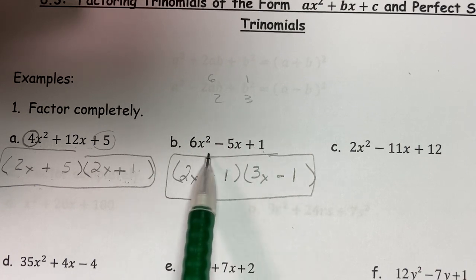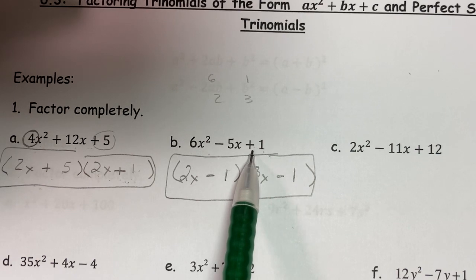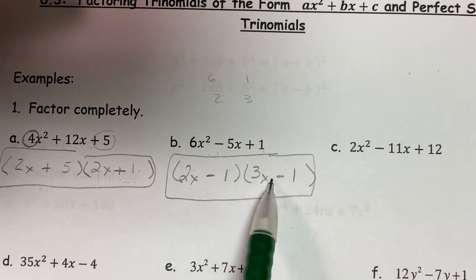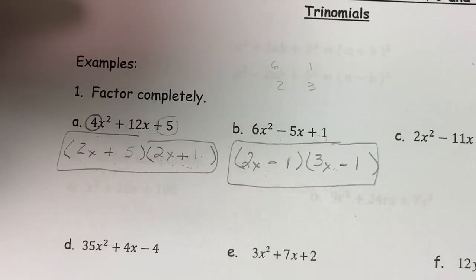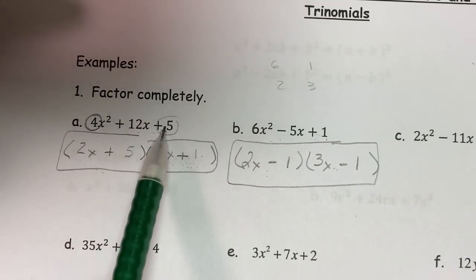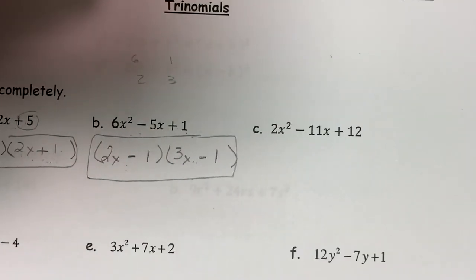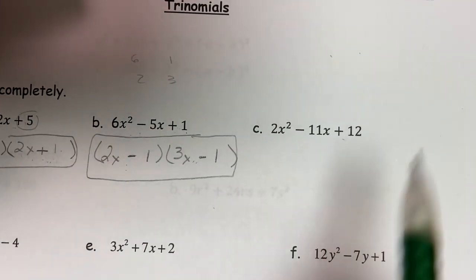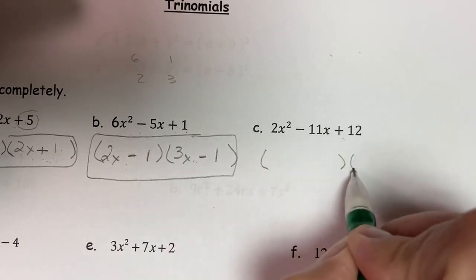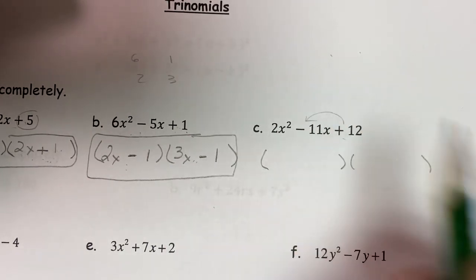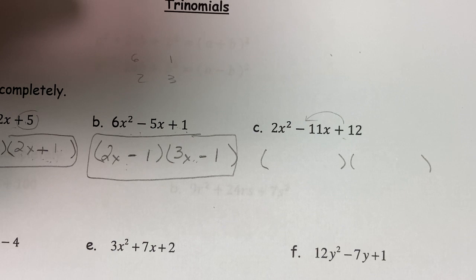They're whatever the first sign is. So since this last sign is positive, they both in here have to be negative. This sign is positive. Both of these have to be positive. Look at letter C. Since this is positive, they both have to be the same. They both have to be negative. So that might help you as well.